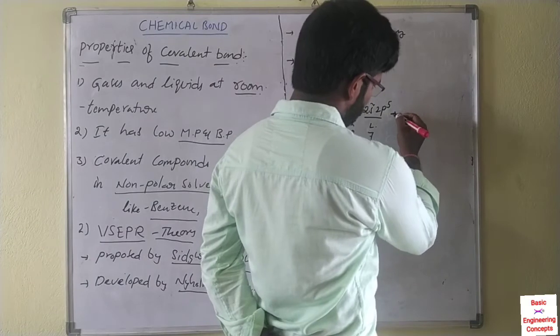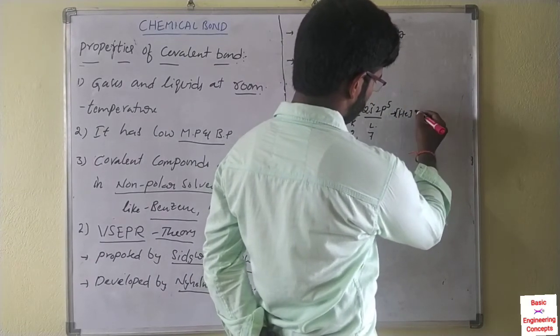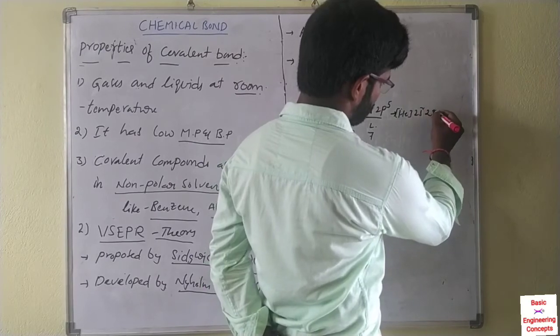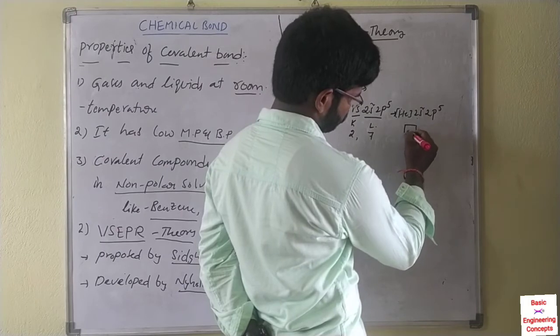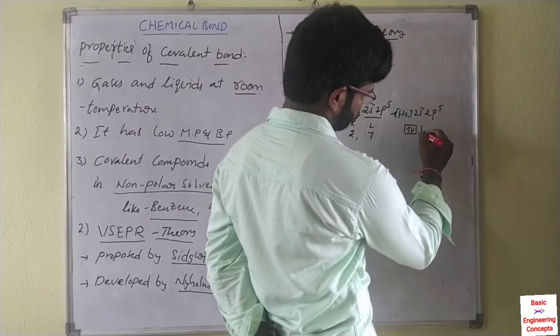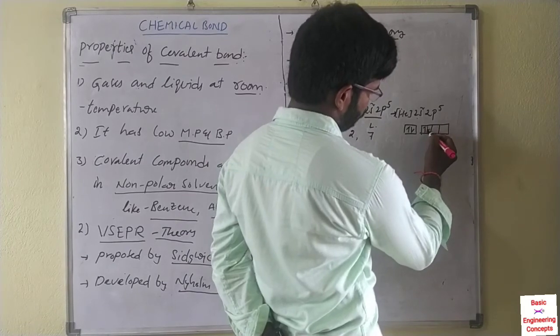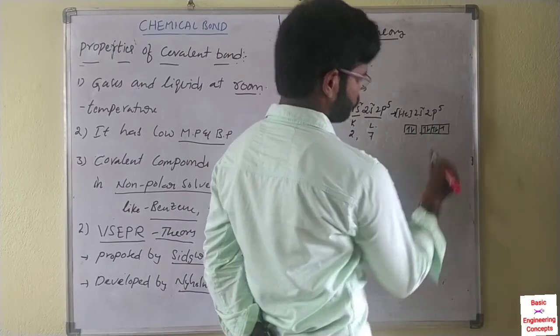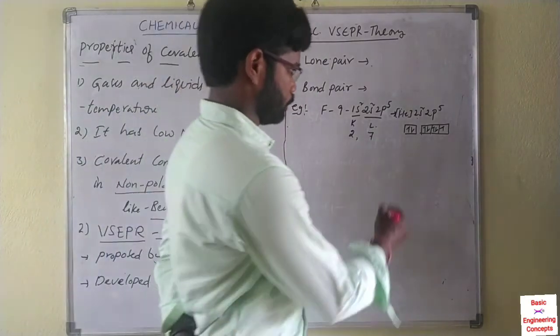Now we can write the outermost configuration 2s2, 2p5. 2s has 2 electrons, p has 5 electrons.